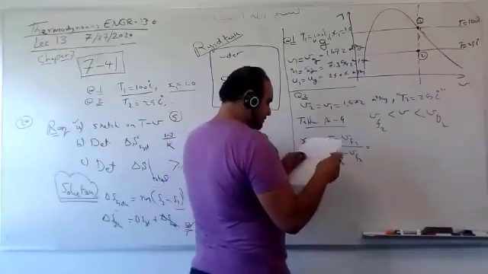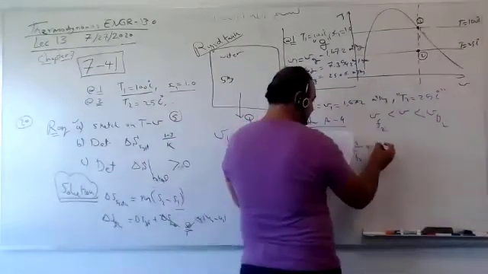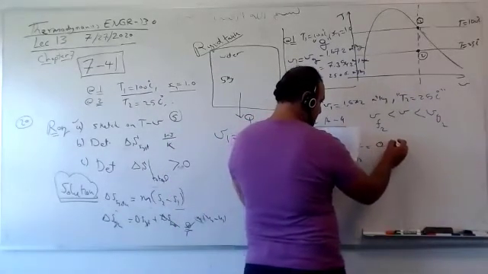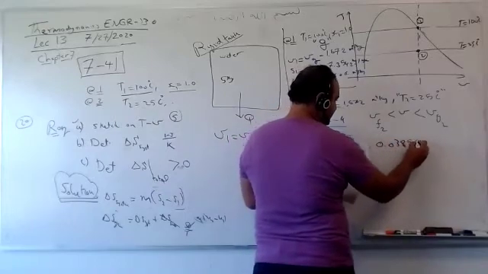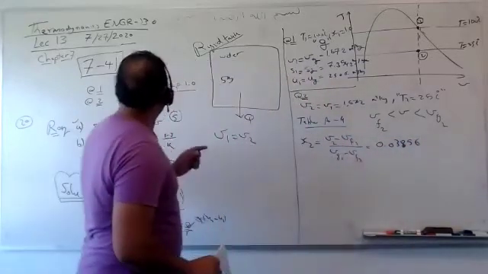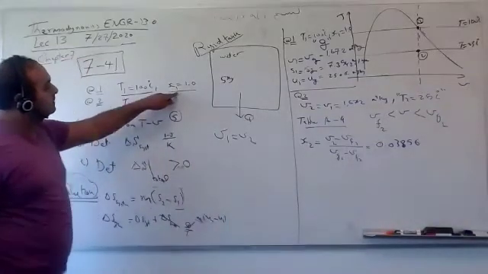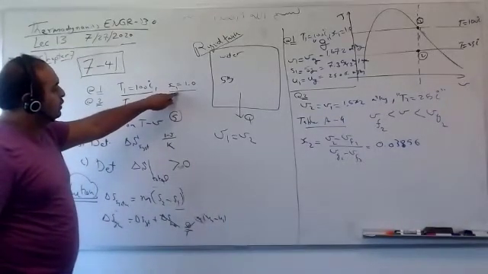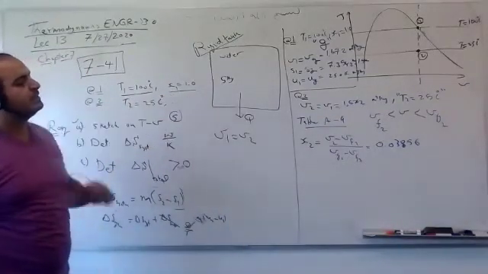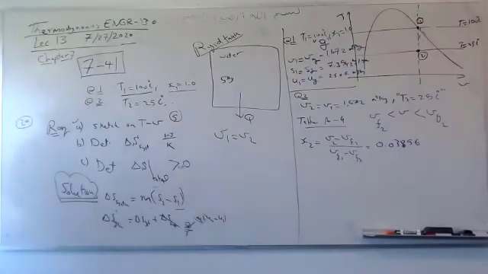It's a very huge VG2. You'll obtain X equal 0.03856. So you were 100% vapor, you became almost 4% vapor, less than 4% even, in terms of mass. Can you see that, guys?